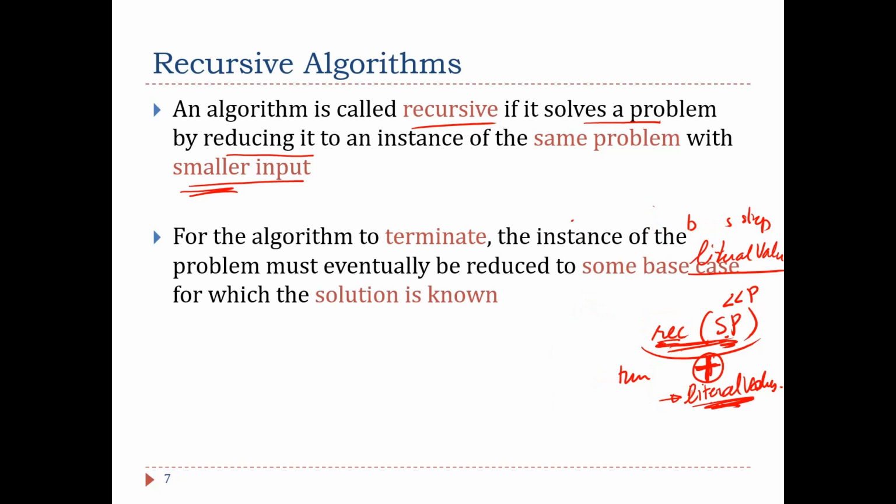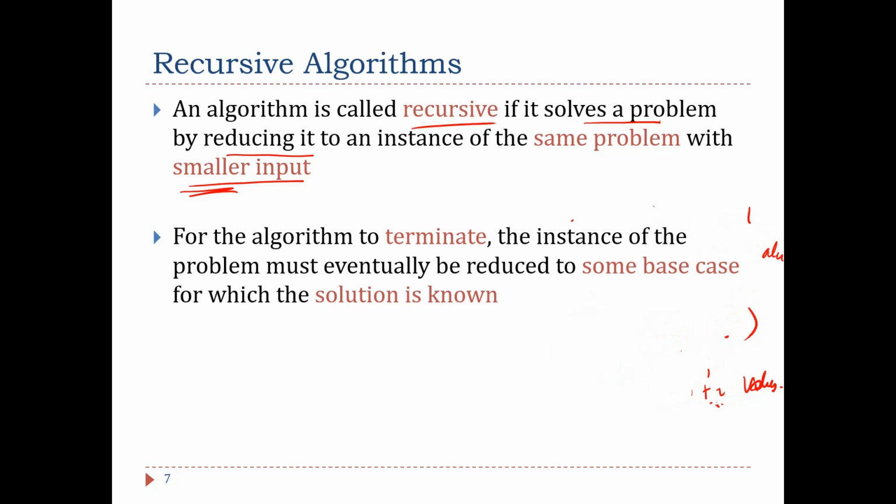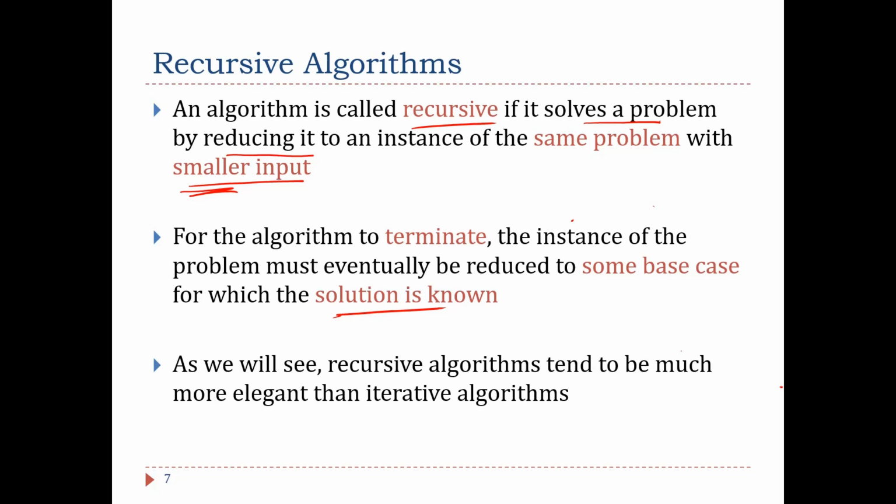For the algorithm to terminate, the instance of the problem must eventually be reduced to some base case, and this is what we have tested for at the beginning of our recursive algorithm, for which the solution is known, some literal value or some obvious case. Otherwise, the function has to call itself for a smaller input.